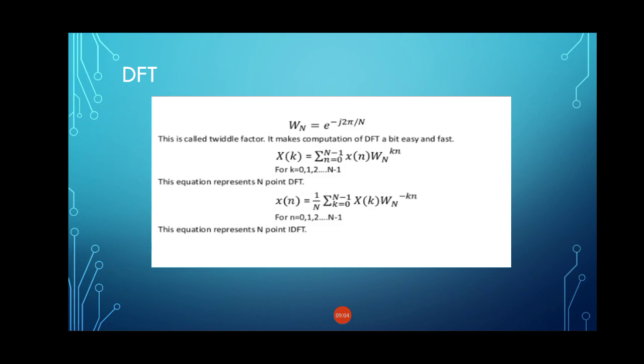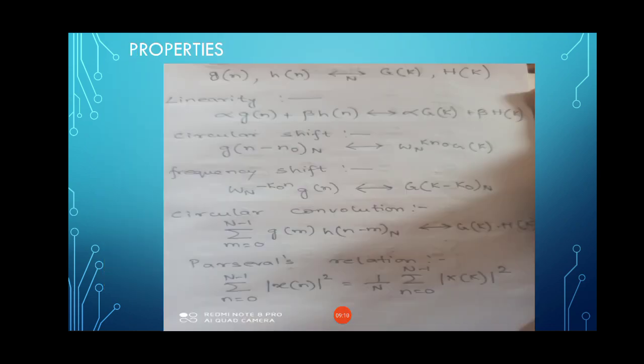So we move to the next slide, that is properties of DFT. If we take two signals g of n and small h of n, and take N-point DFT of these two signals, which comes to capital G of k and capital H of k, then the properties are: number 1, linearity.